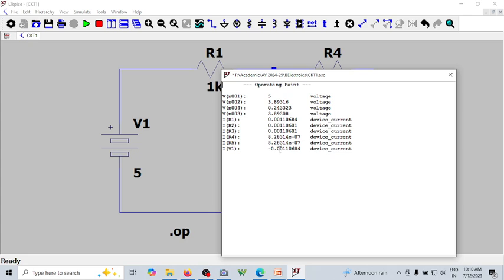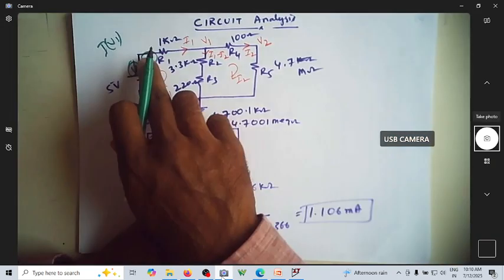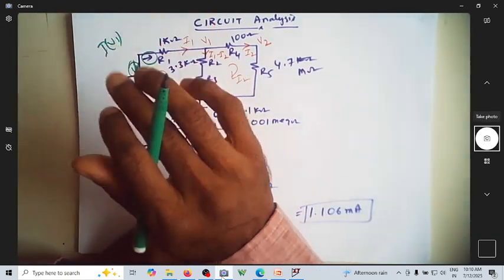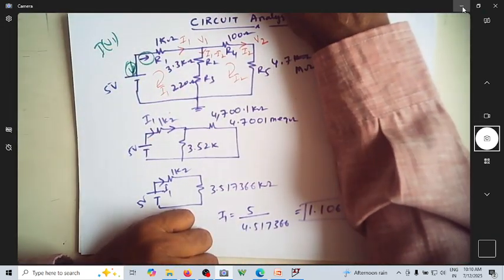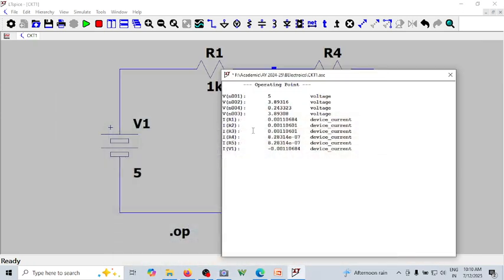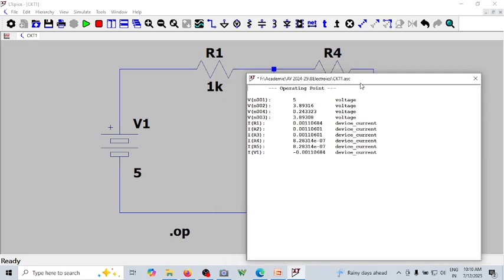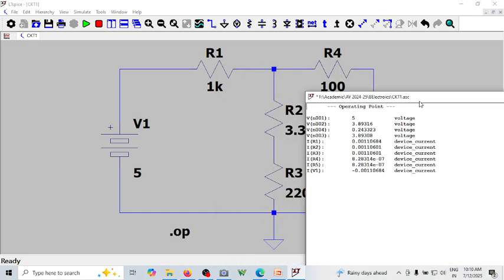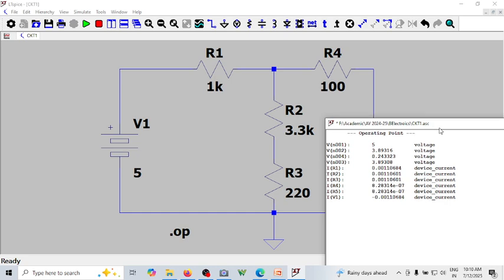Because as we saw in this diagram, whatever current you are seeing here, the same current is flowing in the opposite direction, right? So that's how we know the current through each of the components. It is interesting to see. Of course you can verify Kirchhoff's current law and all that. What does Kirchhoff's current law say? The current at any node is algebraically zero, meaning current entering the node is equal to current leaving the node.